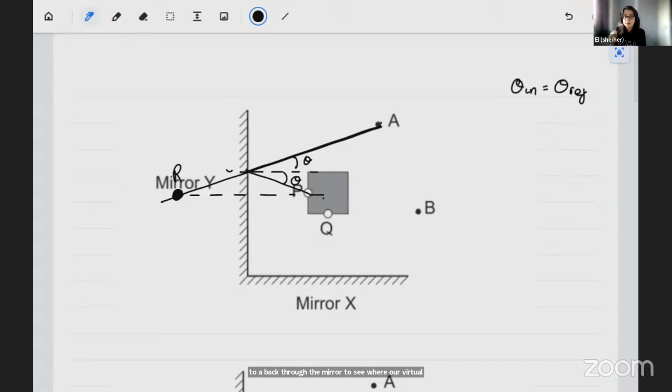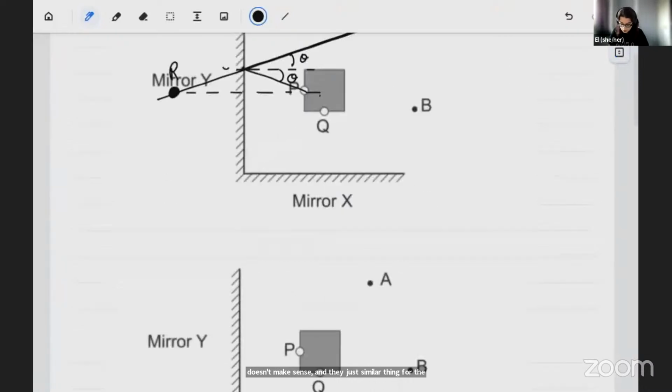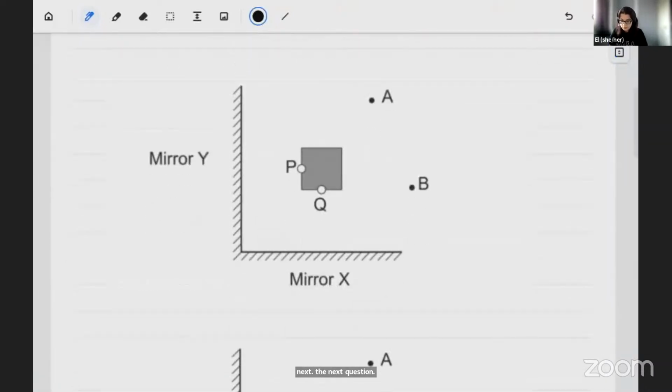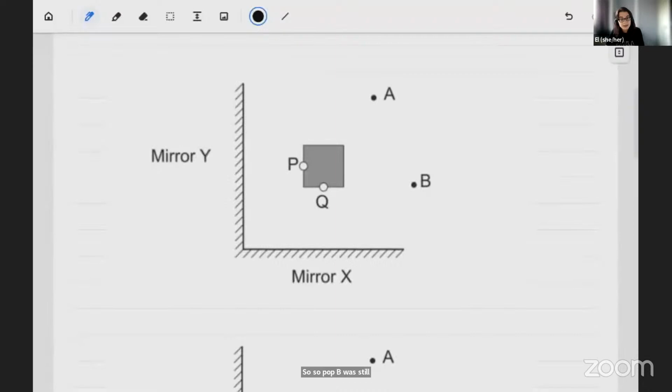And I'm going to do a similar thing for the next part. If that doesn't make sense, I'm going to do a similar thing for the next question. So for part B, we still have our observer at A, but this time they want to see the image from Q. In the same way, we're going to take our light ray that comes off Q, and we want the one that's going to reflect.